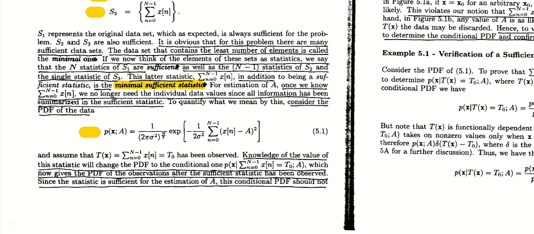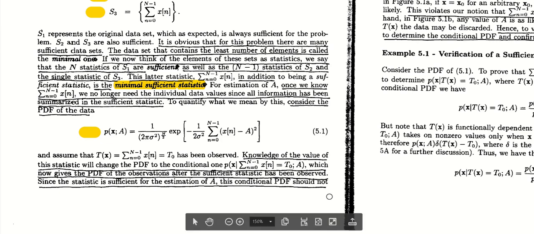Then the knowledge of the value of this statistic will change the PDF to the conditional probability density function. Once the sufficient statistic is given, the PDF is completely described. Therefore, we will say that the statistic is sufficient.